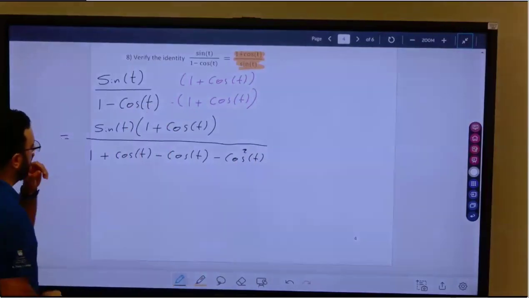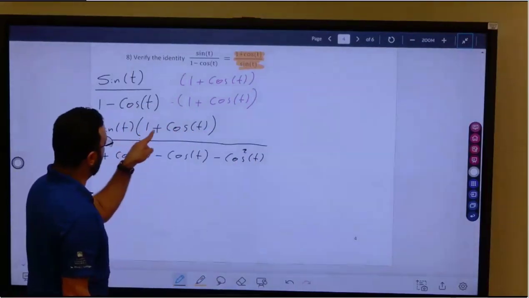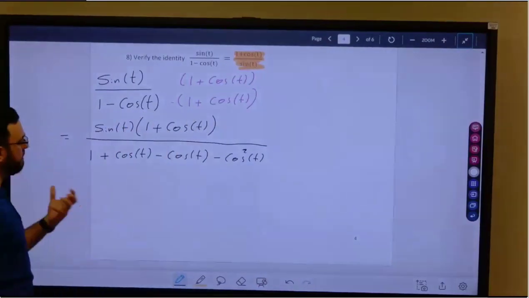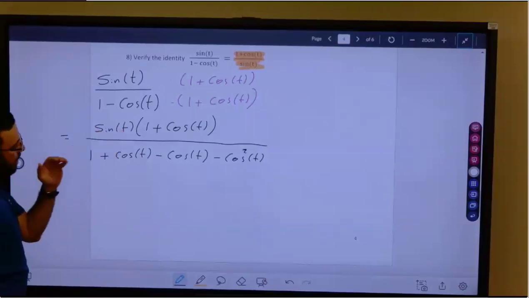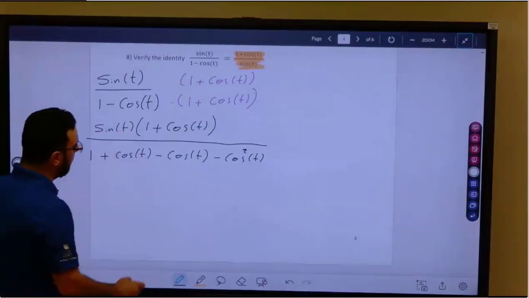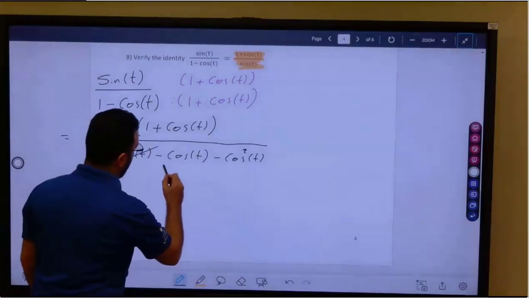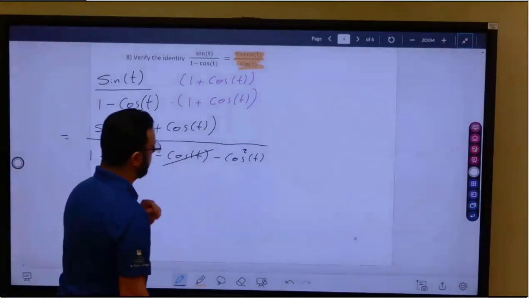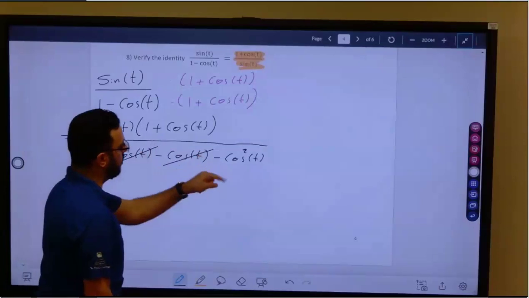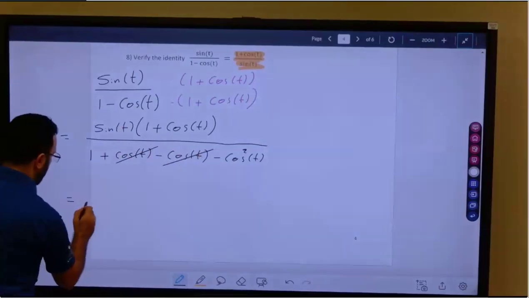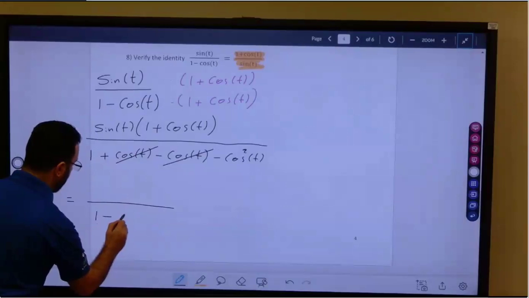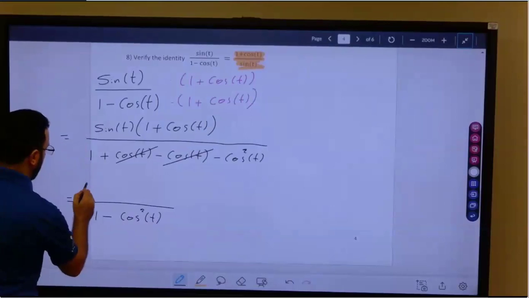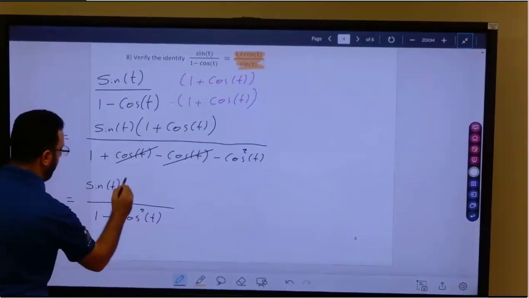If you look at the top, 1 plus cosine t is the same as 1 plus cosine t on the top. Check the bottom part. If you combine the like terms, this one is plus, this one is minus, the result is 0. 1 minus cosine squared t. I already know 1 minus cosine squared t is sine squared t.